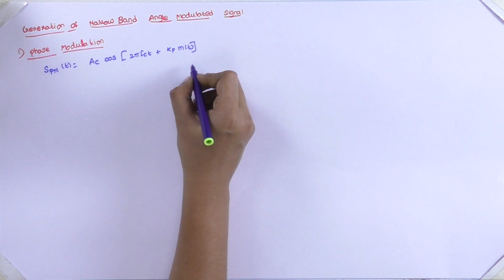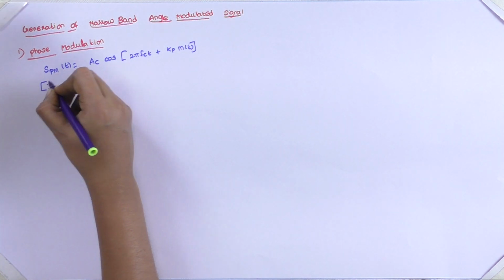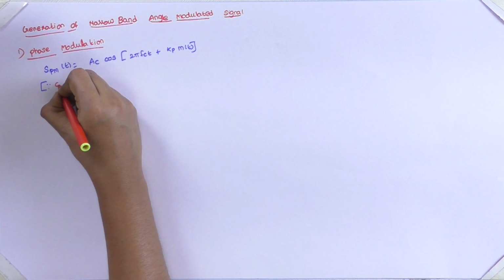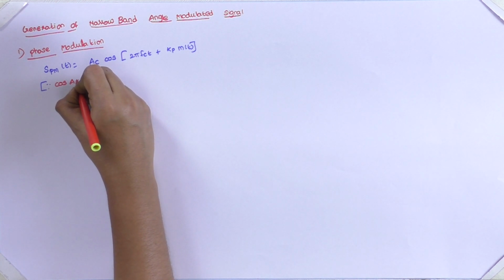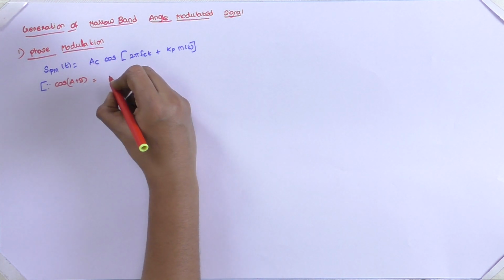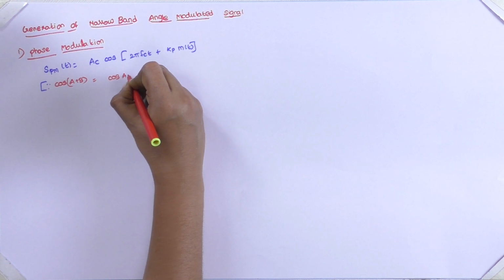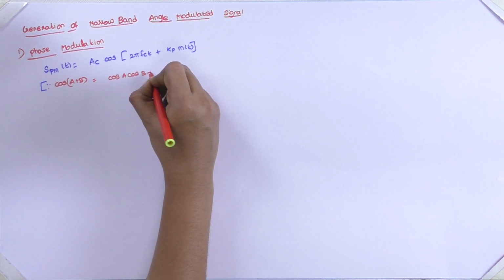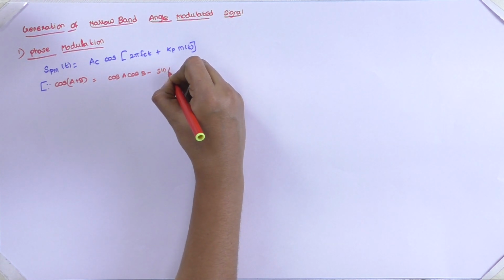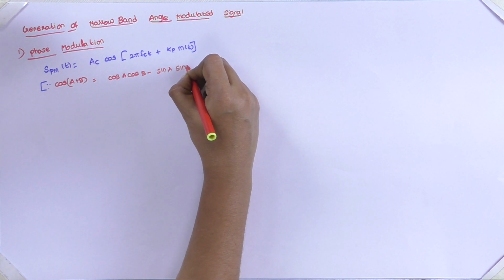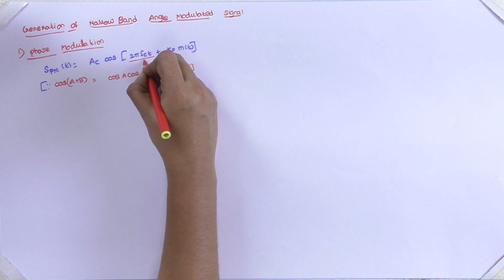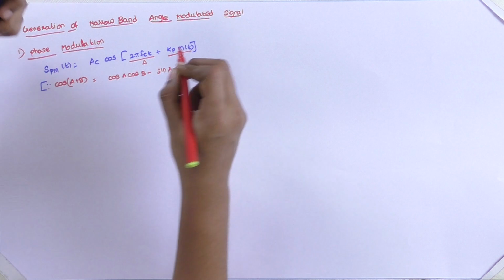We know the cos formula, cos of a plus b, which can be expanded as cos a cos b minus sin a sin b. We are going to take 2 pi fct as a, kp m of t as b.